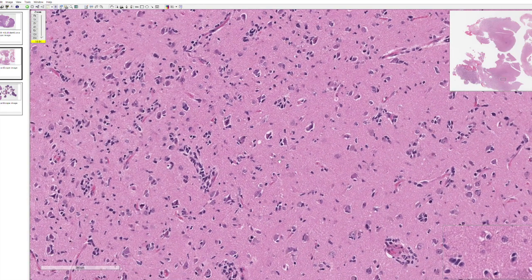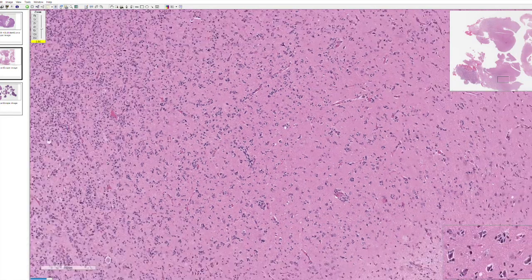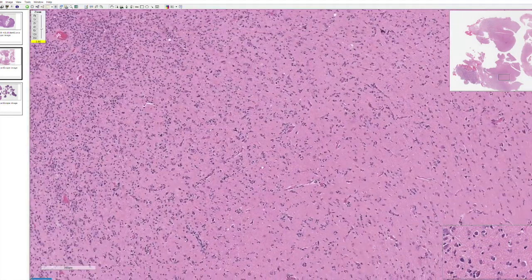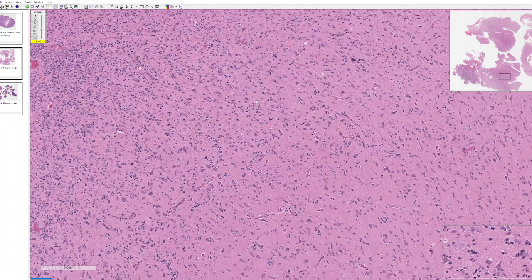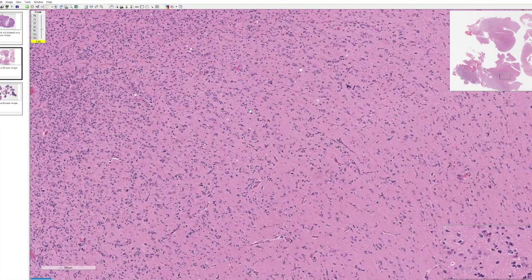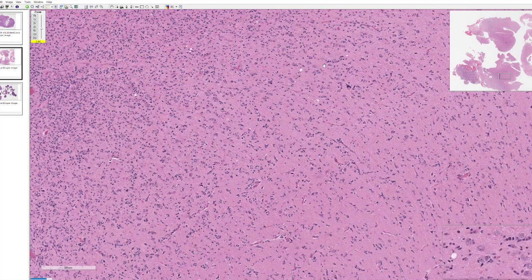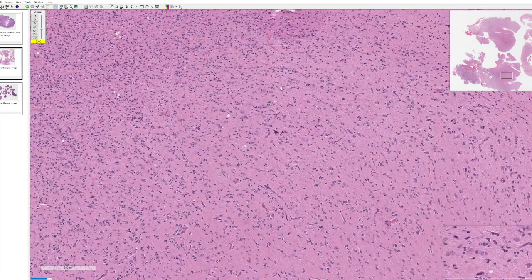And this is what makes this disease exquisitely difficult to treat. It's one of the few cancers that doesn't metastasize, but yet because of its infiltrative nature, it is almost impossible to resect and provide a cure through surgical means.